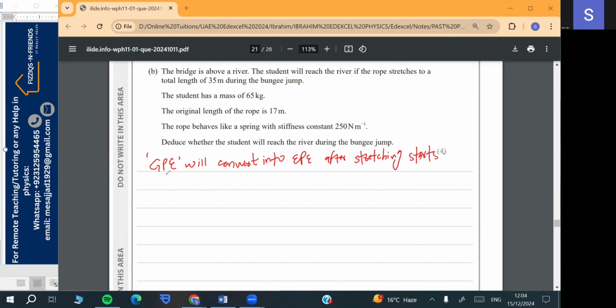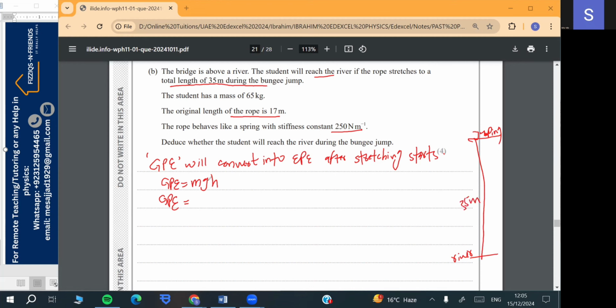So what is your gravitational potential energy? mgh. What is your mass, what is your height? This is the original length, this is the spring constant, and this is the total distance from the top to the river. So for example, if he's jumping from here and this is the river, the total distance is 35 meters.